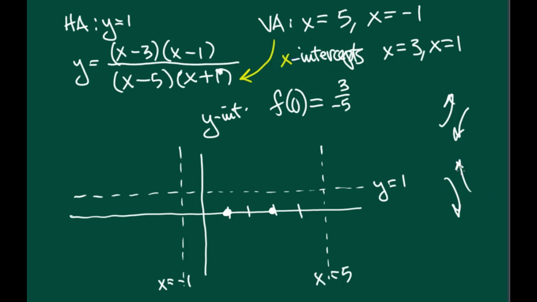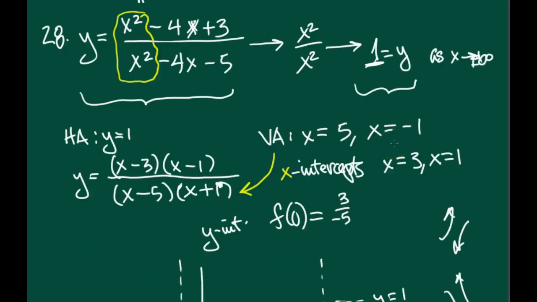Okay, so let's also look back at the original equation here. In this original equation, let's think when x gets to be very large, I'm going to have something big and positive over something big and positive.